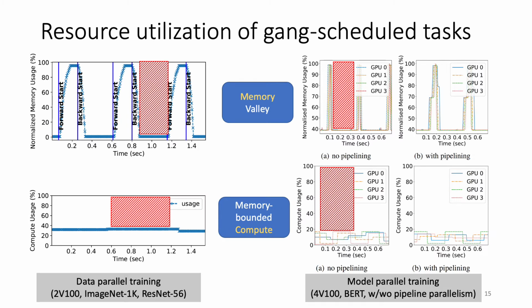Similarly, because the computation is memory bounded, the computation resources are consistently underutilized in both data parallel training and model parallel training, denoted as the red shadow box across the bottom figures.